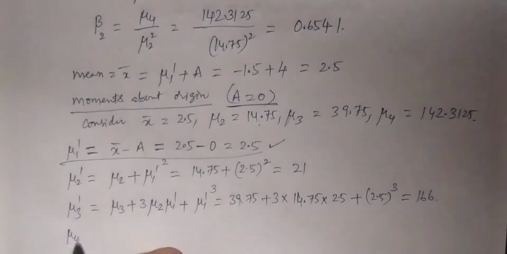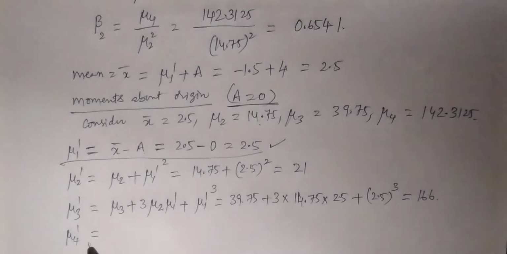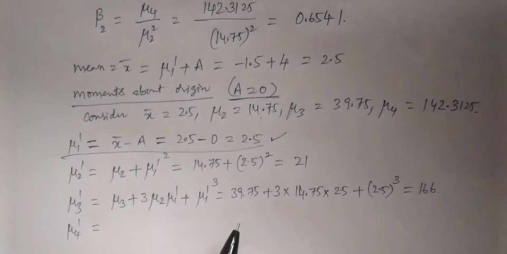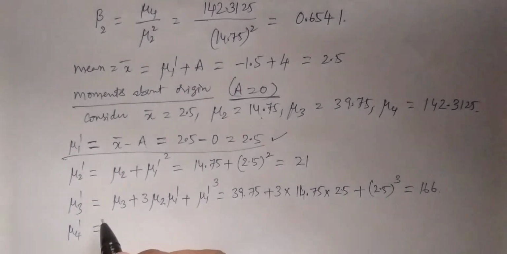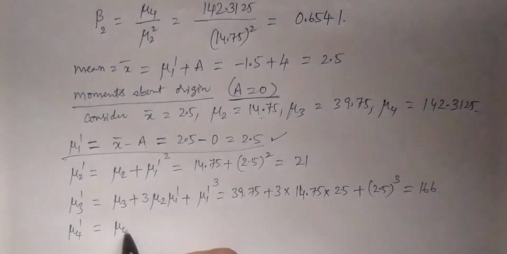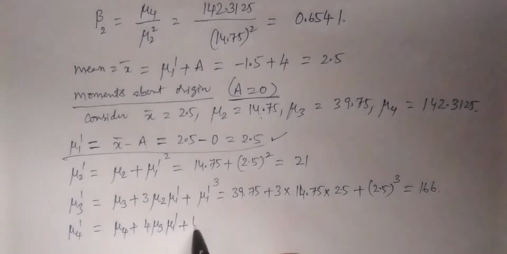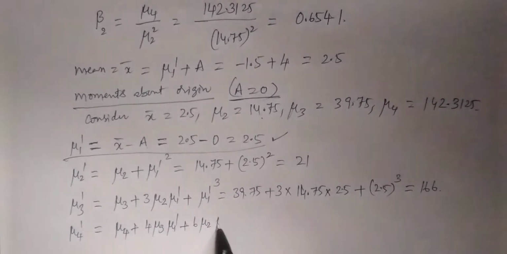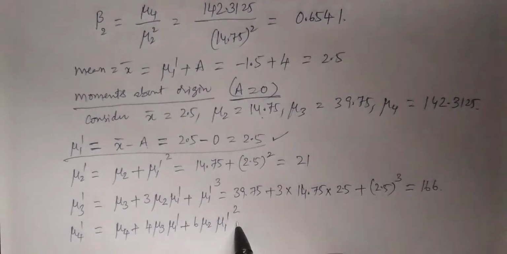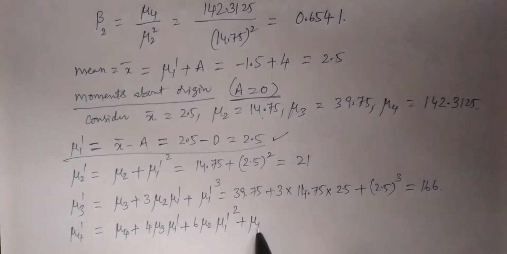And finally one more, mu4 dash, is calculated with the formula. Do you remember the formula? It is mu4 plus 4 mu3 mu1 dash plus 6 mu2 mu1 dash square plus mu1 dash power 4.